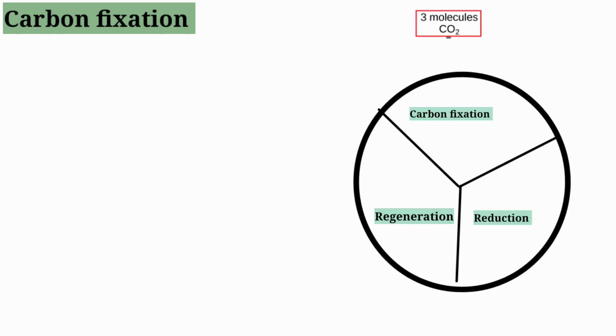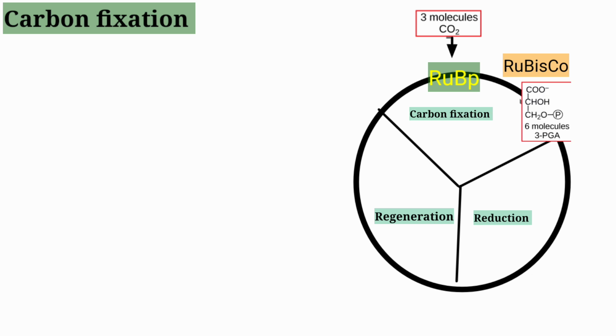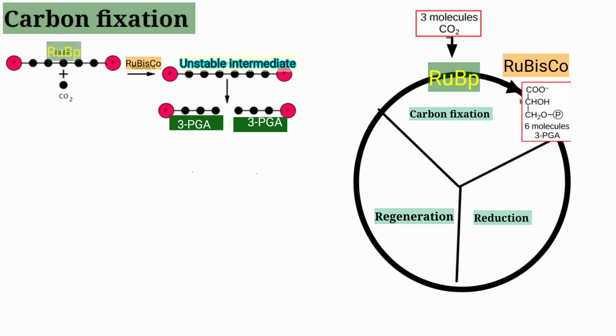In the carbon fixation phase, carbon dioxide is incorporated into a 5-carbon compound, ribulose 1,5-bisphosphate. The enzyme which catalyzes this step is ribulose 1,5-bisphosphate carboxylase, or Rubisco. The product of the reaction is a 6-carbon intermediate which immediately splits to form two molecules of 3-phosphoglycerate, also termed glycerate 3-phosphate.